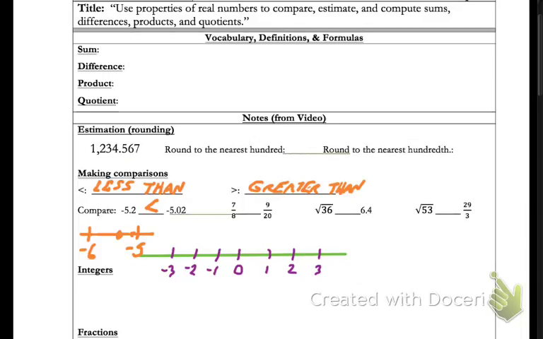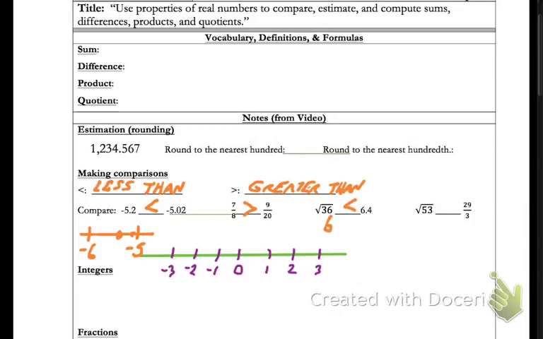Half of 20 is 10, and since 9/20 appears to be less than half, we can say that 7/8 is greater than 9/20. The third example has a square root. The square root of 36 is 6, because 6 times 6 is 36. So because we make that change, we see that the square root of 36 is less than 6.4.